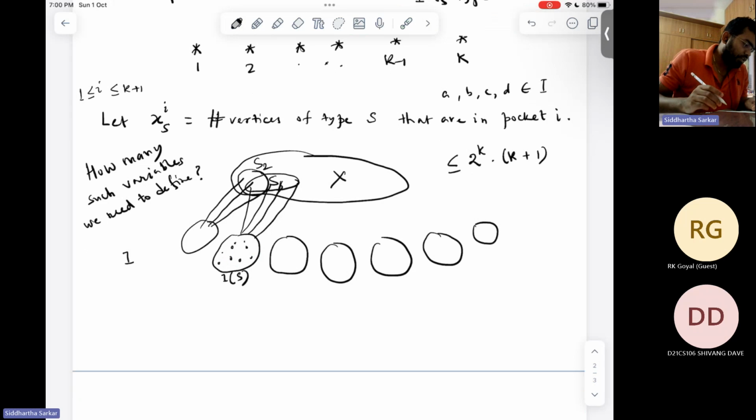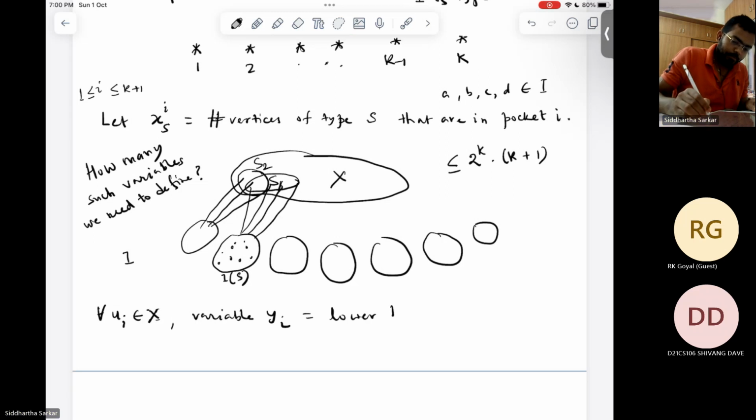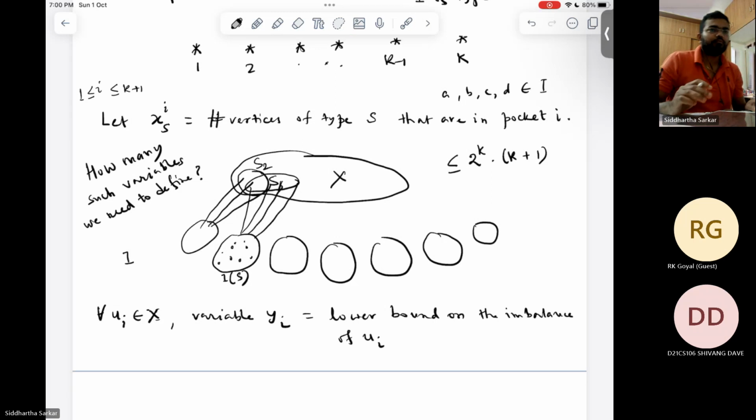Now define one more variable. For every vertex u_i in the vertex cover X, introduce a variable y_i, that represents a lower bound on the imbalance of u_i.